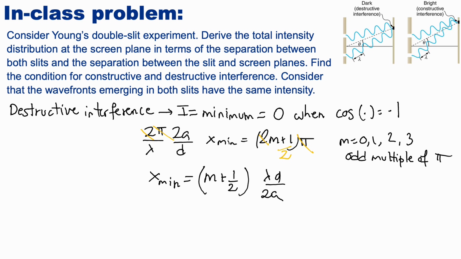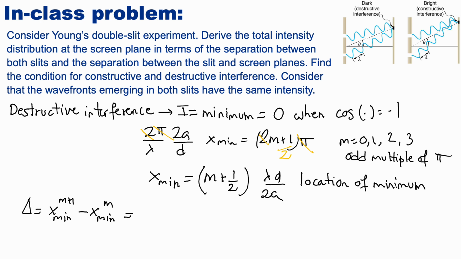So this is the location of minimum values, or the condition for destructive interference, and if we estimate the separation of two consecutive minimums, it's going to be the same.